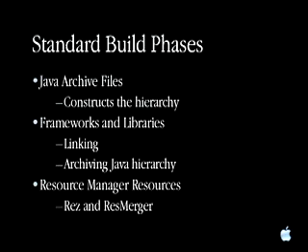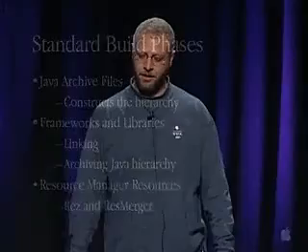Following that is a frameworks and libraries phase. This is where the libraries that actually get linked to by a product are all listed, and this phase builds the final executable. And then finally, the resource manager phase will add resource manager resources to a product, potentially on a resource fork. So it's got to be after the link.